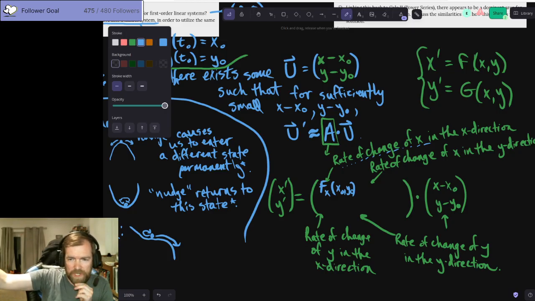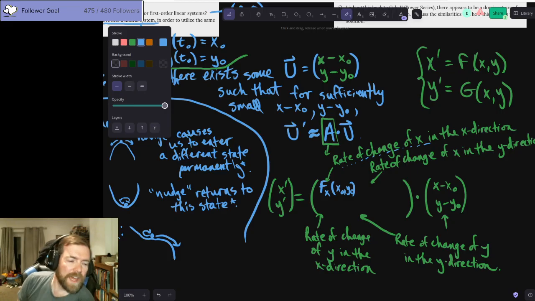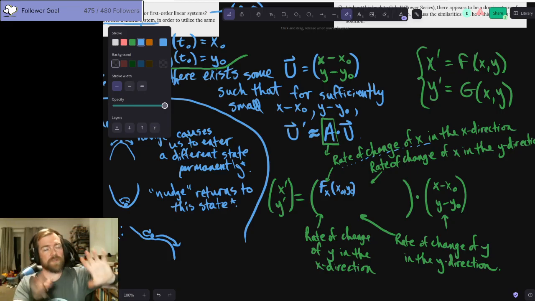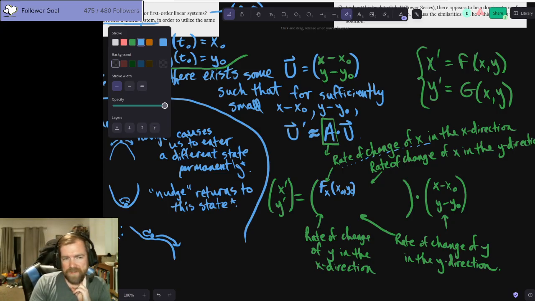But in this particular case, it's going to be how is the entire vector field around that particular point going to be manipulated in such a way that this gets us our linearized system at that particular point? Probably not explaining it well.